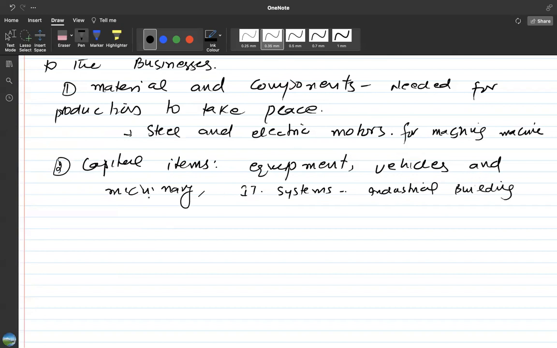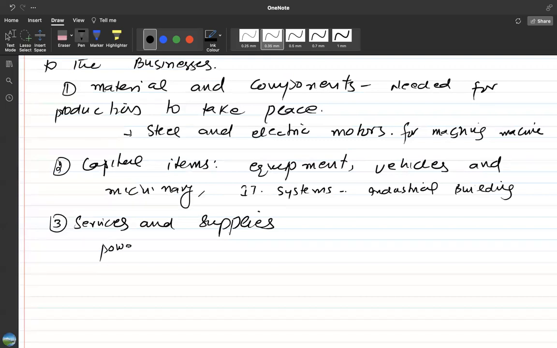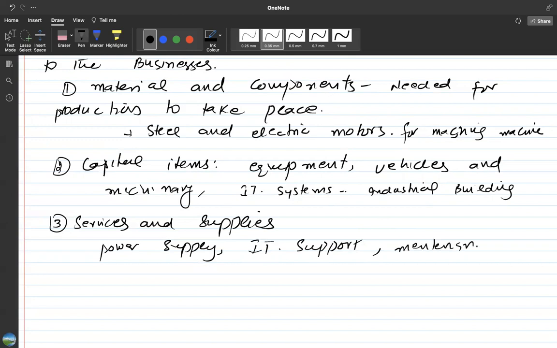And then we have services and supplies that are also industrial products: power supplies, IT support, maintenance, etc.